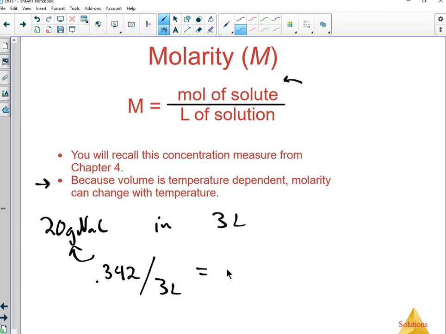Okay, so hopefully by chapter 13 in an AP class, you're comfortable going from grams to moles. That is super basic. Tying your shoe, you have to use it all the time. All right, so when you divide this, what's that?